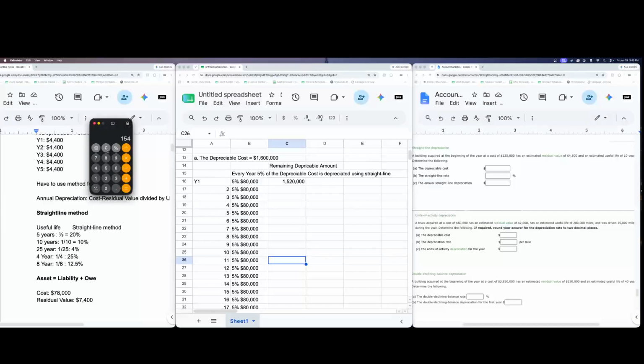Okay, so let's see, 1,520,000 minus 80,000. What is that? 1,440,000.